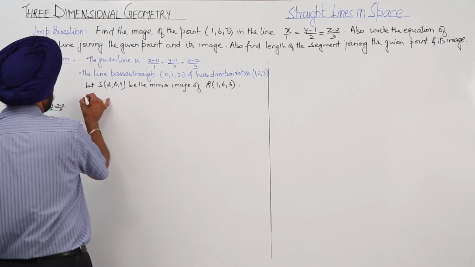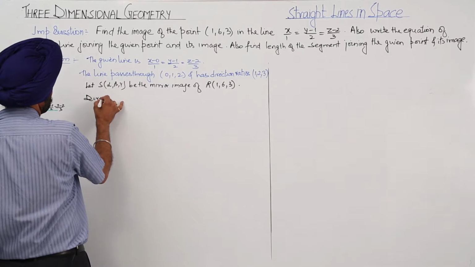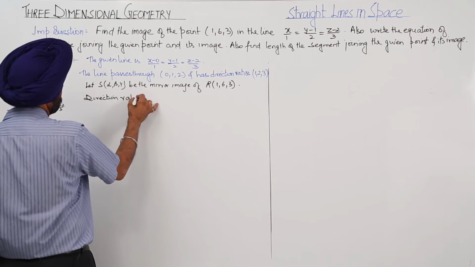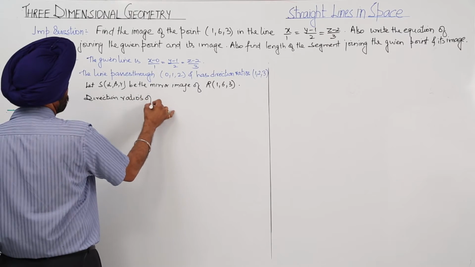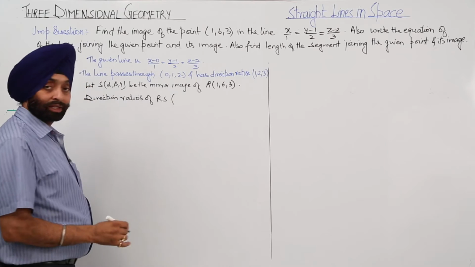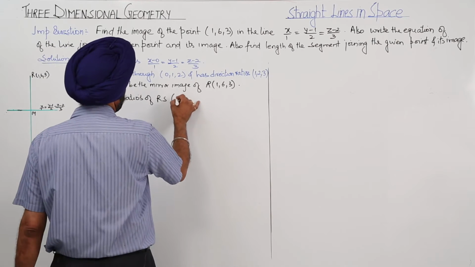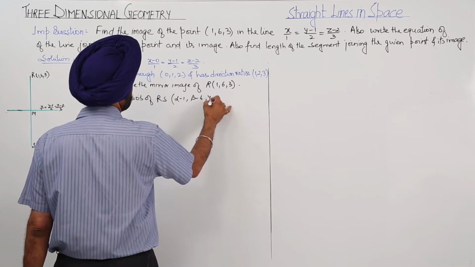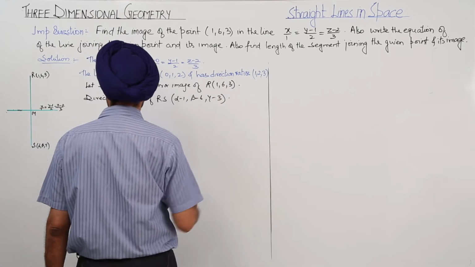Now the direction ratios of RS are, what are the direction ratios of RS? Alpha minus 1, beta minus 6, gamma minus 3.